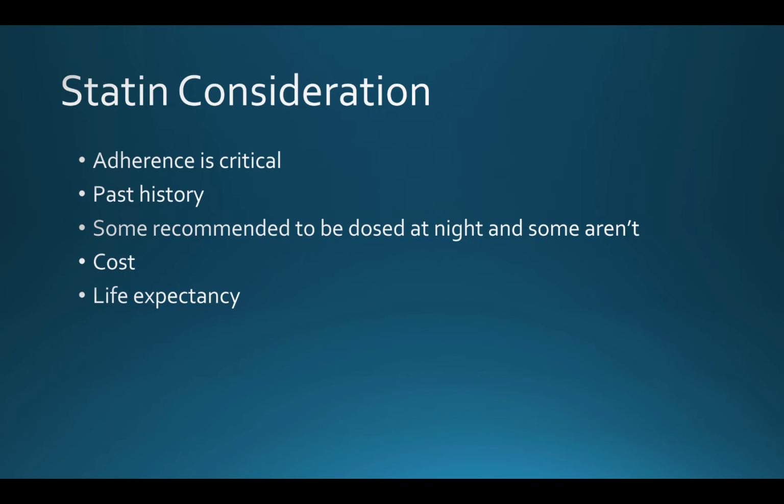I think it's like after a year or two, about a 50% adherence rate that patients are actually still taking these. So it's important to look at past history. Using those CV risk calculators can give you a sense of whether we should be doing moderate intensity or high intensity, and what type of aggressive statin therapy we should be doing. I'll talk about these more specifically in the hyperlipidemia section.